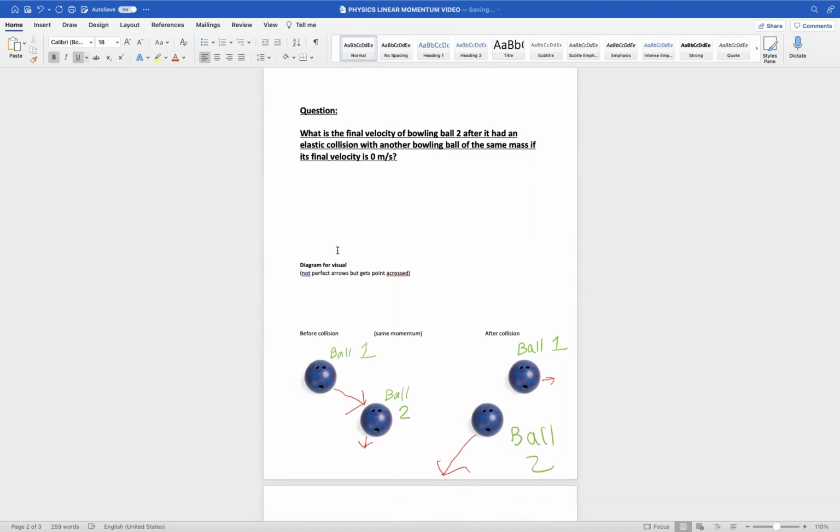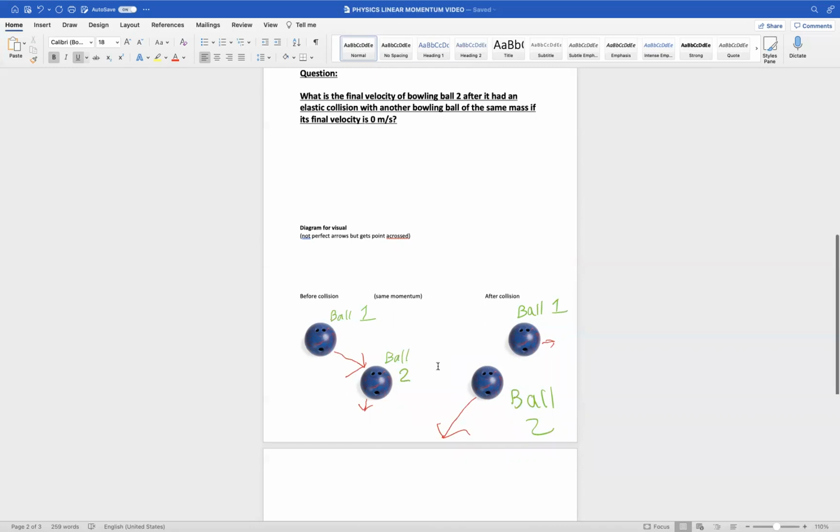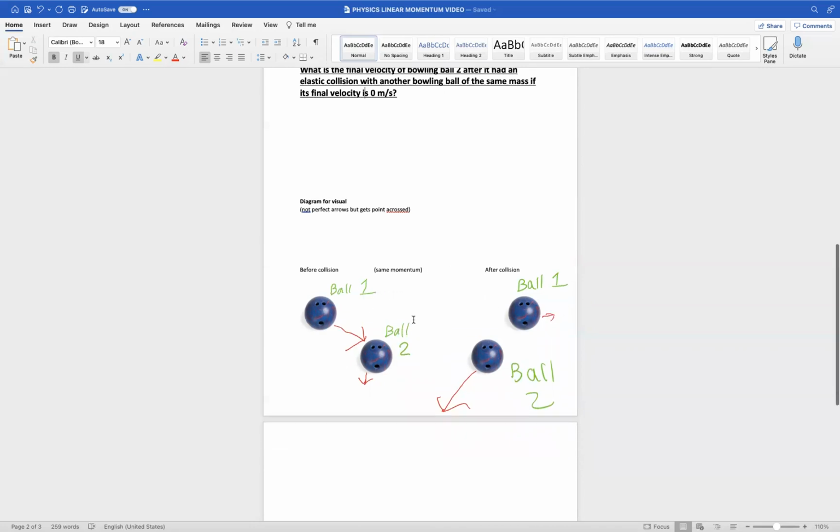So I drew out some bowling balls while I copied and pasted them, and it gets the point across. It's not perfect, but they're at the same momentum before and after the collision.